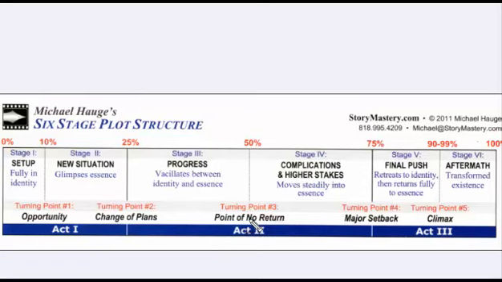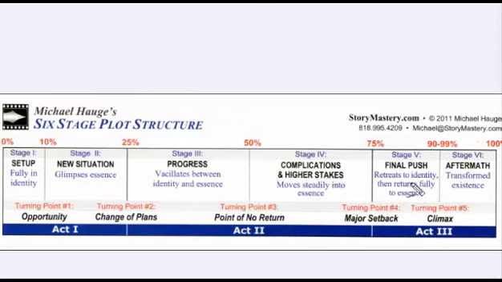He has to fully commit to whatever destination he was going after, because there's no longer any option for turning back. This leads to complications and higher stakes, because the outside world is closing in on the hero, and the conflict builds until the hero finally suffers a setback. That's about three-quarters of the way through the movie, and it seems to the audience that everything is lost.